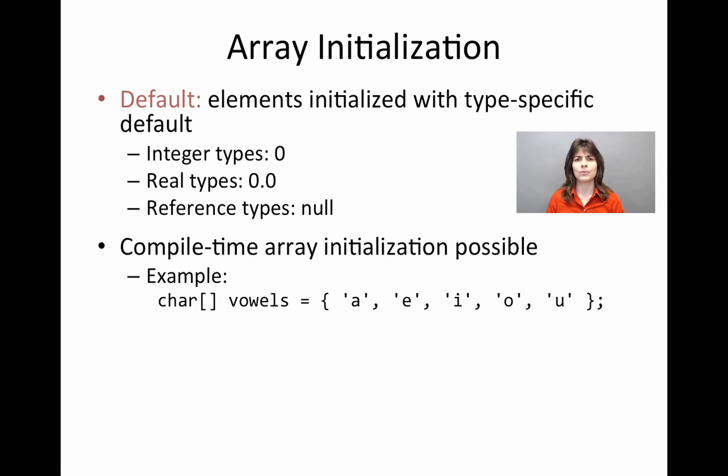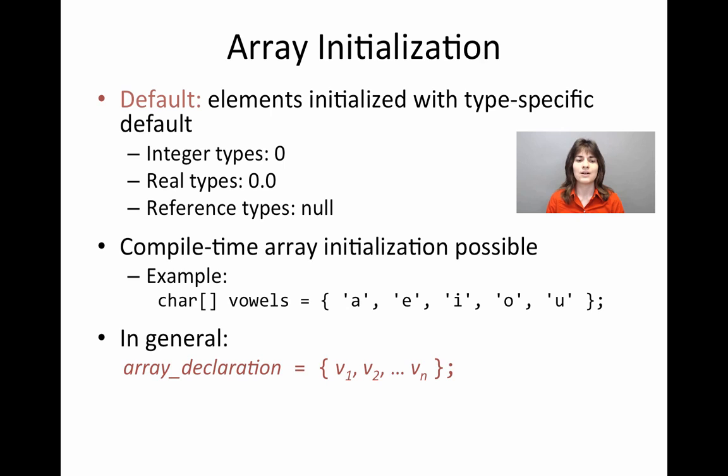We already said that we can initialize any other variable upon declaration, like double y becomes equal to 5.2, semicolon. At compile time, we can also initialize an array. See the example on the slide. We can have a char array called vowels, and we actually assign to that array values to every element using the curly braces.